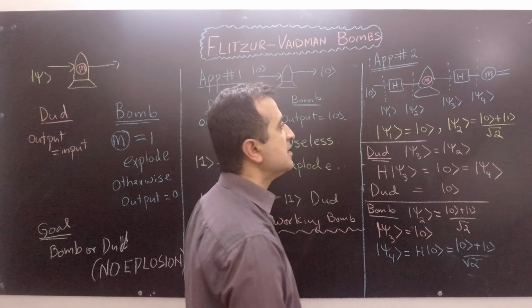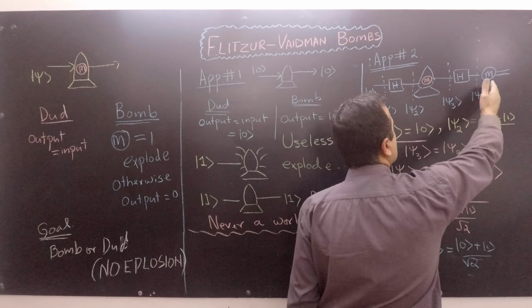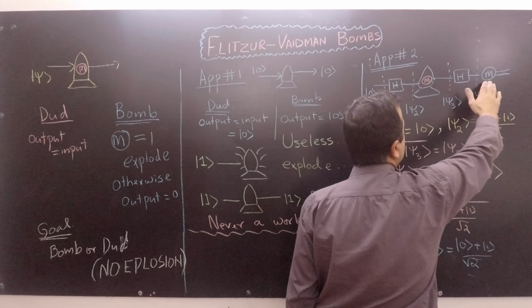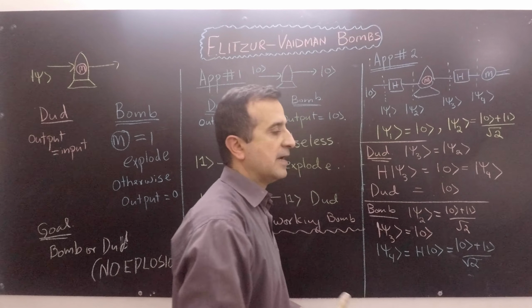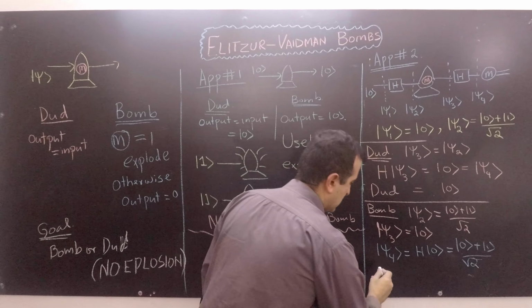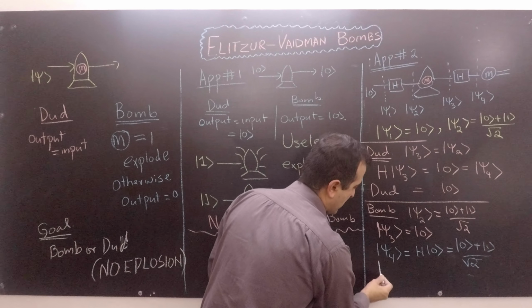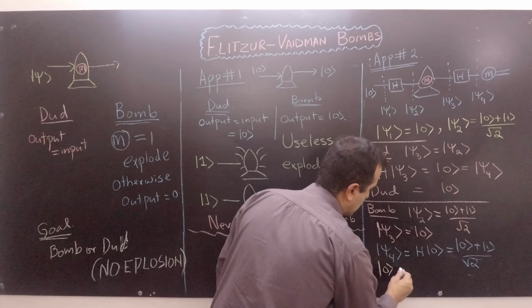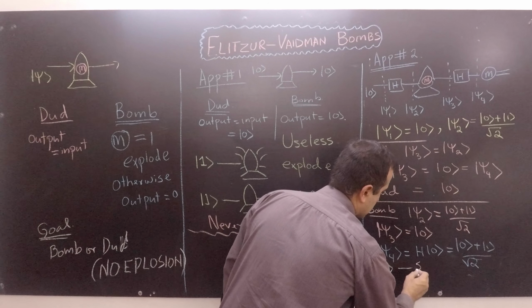Now we will measure the equal superposition, and either our measurement result will be ket 0 or ket 1. So our result will be ket 0 with 50% probability and ket 1 with 50% probability.